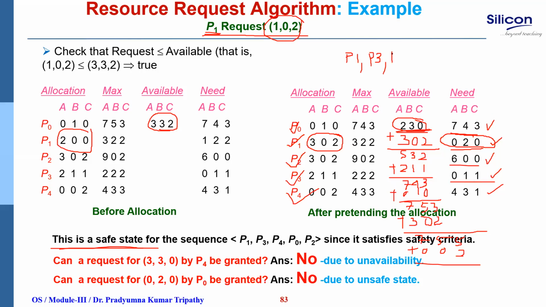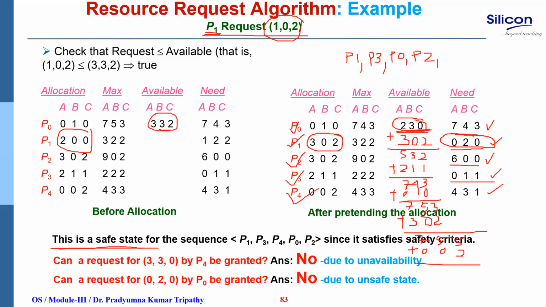Once we give it to P0, P0's allocation 010 will be added, so it becomes 753. With this 753, I can allocate P2. Once P2 is allocated, P2's allocation 302 will be added.